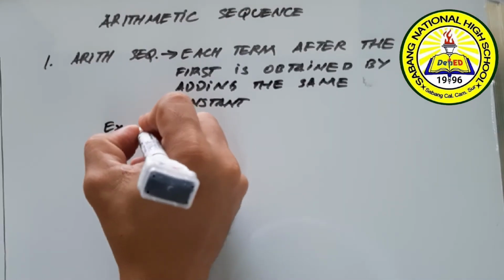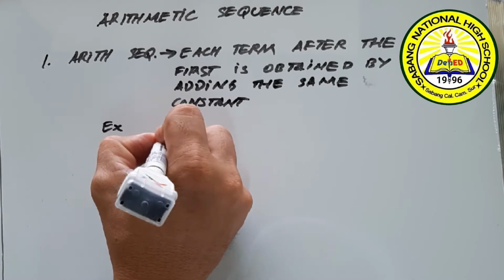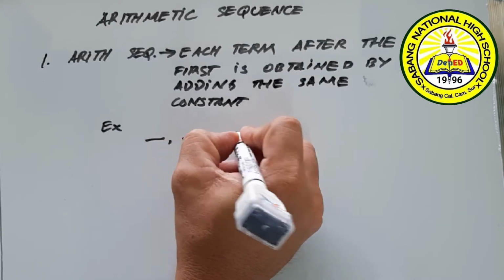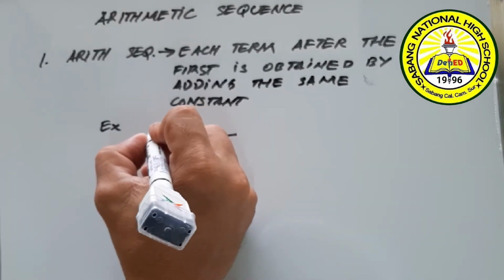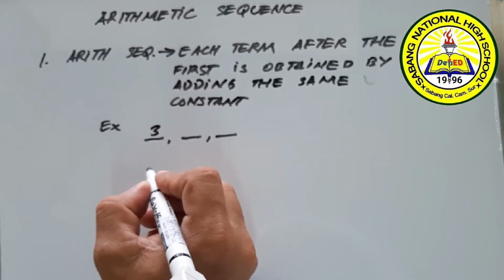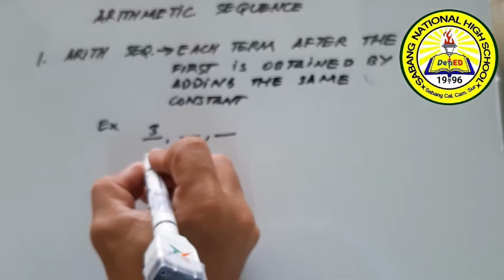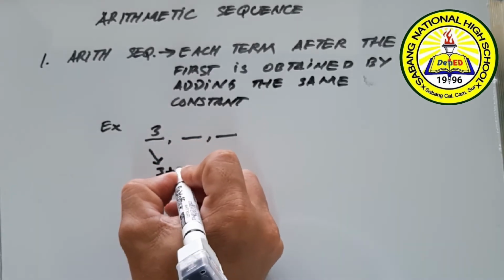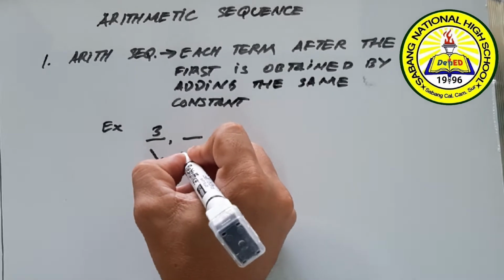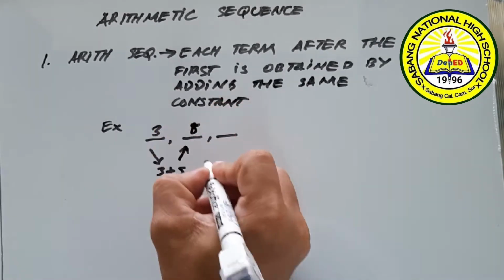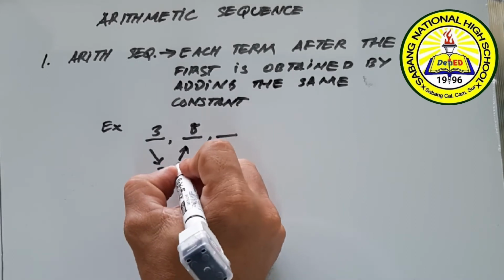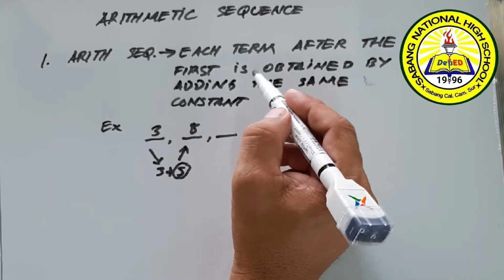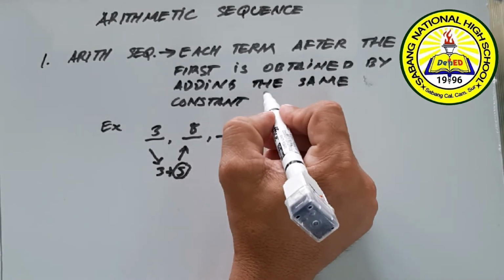Let us say this is our first term, this is our second term, and this is our third term. The first term, let us say, is 3, and we are going to add a constant, which is 5. 3 plus 5 is 8. According to the definition, each term after the first is obtained by adding the same constant.